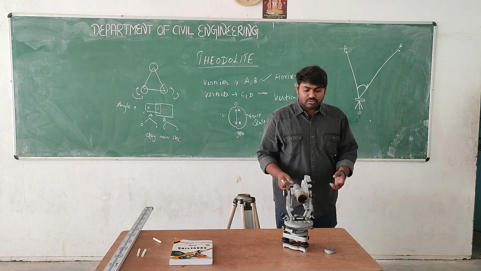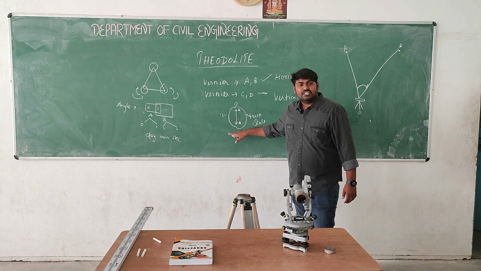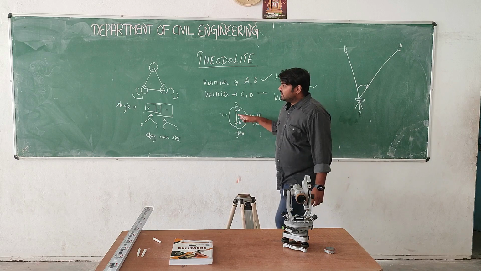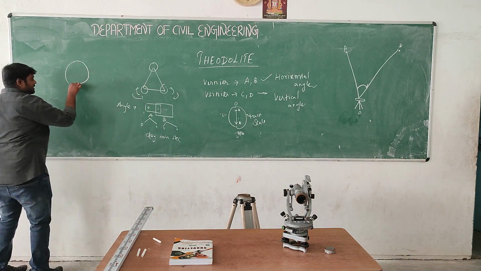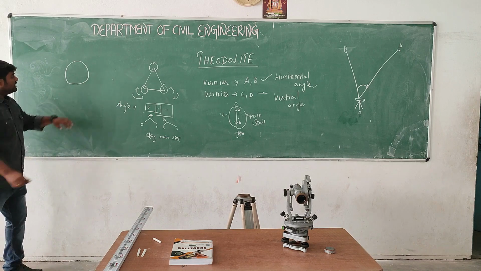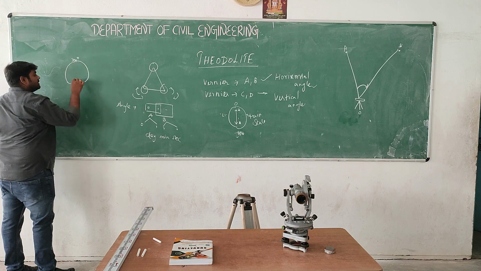So what we have to do, as I already said, the main scale should be 0 to 360. For example, this is the top view of the theodolite, with the main scale from 0 to 360.